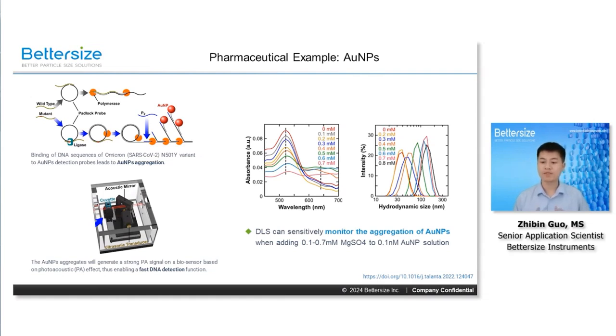The hydrodynamic size distribution graph reflects that the size increased, with the distinct bins representing the different concentrations of the magnesium sulfate. Overall, this example demonstrates the effectiveness of using gold nanoparticles in conjunction with the BeNano to monitor nanoparticle aggregation, a key process in the development of diagnostic tools for detecting viral DNA sequences.